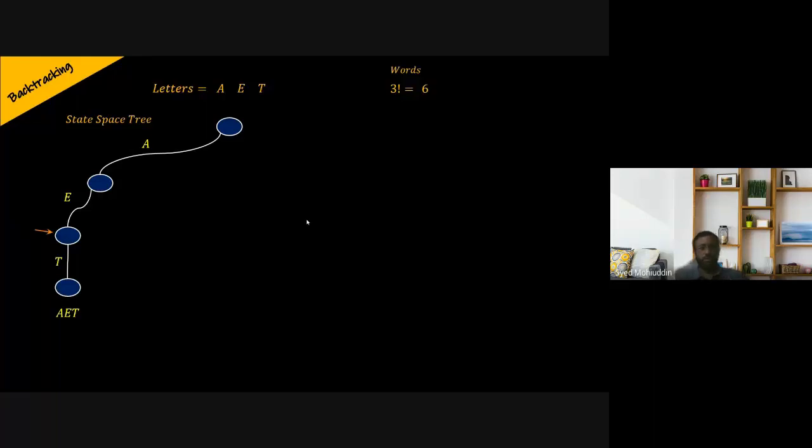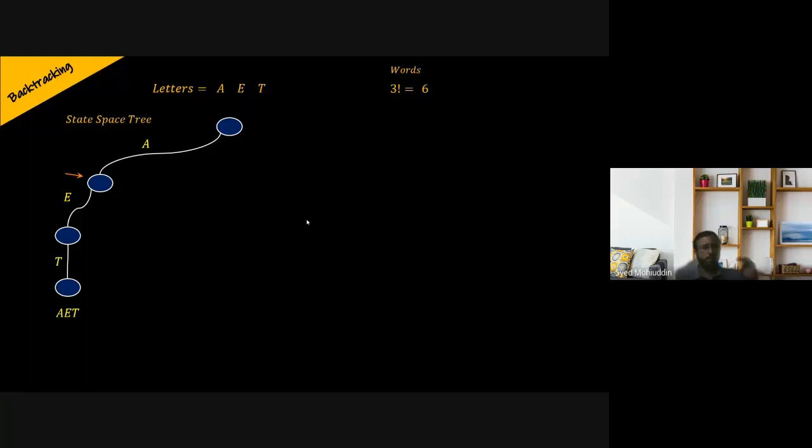From this node, can we use any other letter? No. T was the only available letter after A and E. So we again backtrack to the previous node, or its parent.